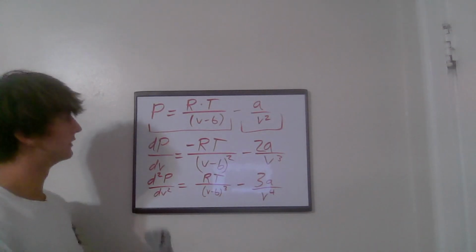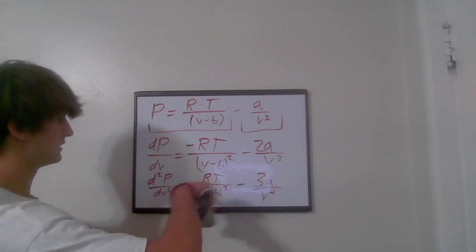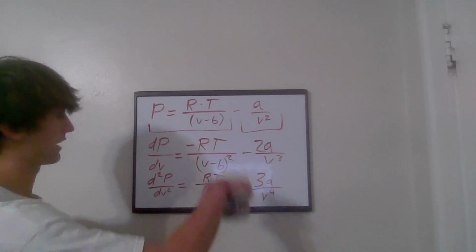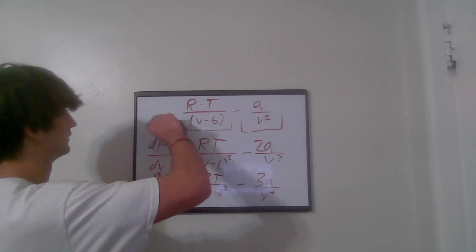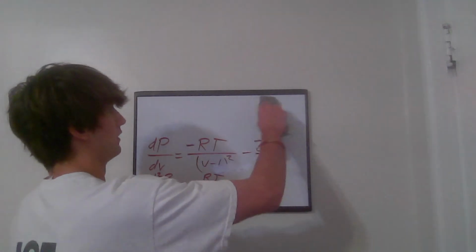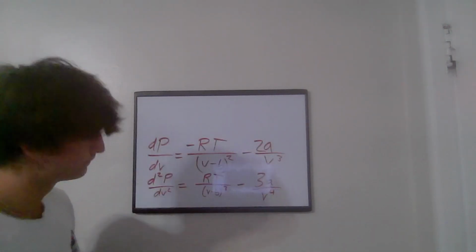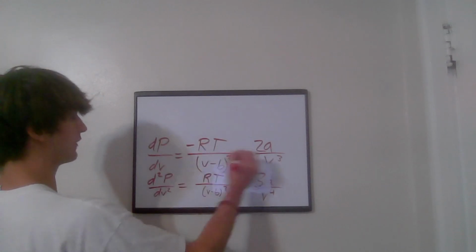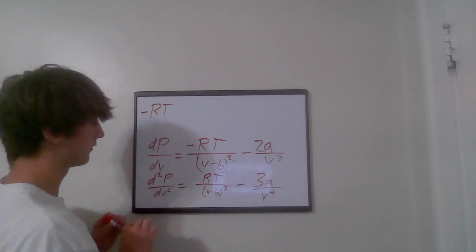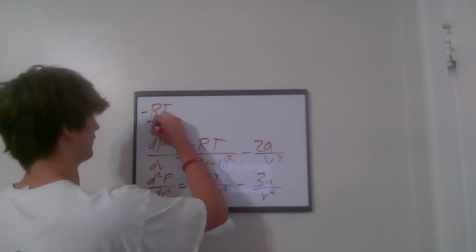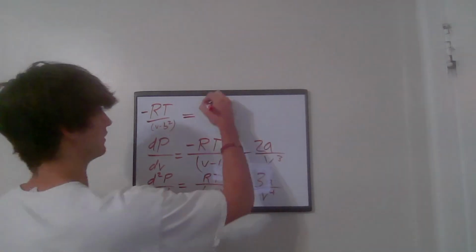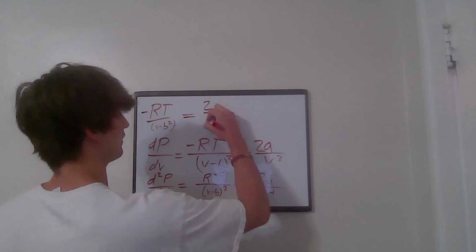And what we can do is set these equal to each other. So we can subtract here and subtract here as well to find our A's and B's. So let's do a little bit of that. For the first derivative, we can say our negative RT over V minus B squared can be set equal to 2A over V cubed.